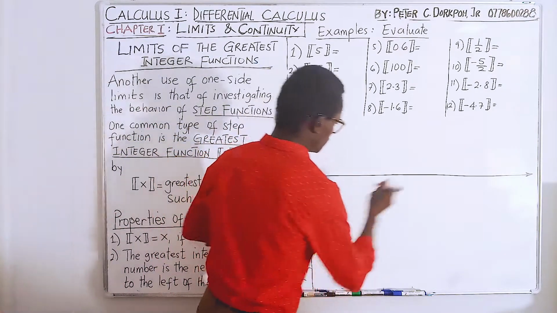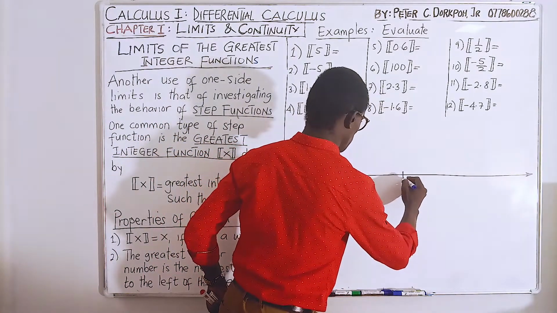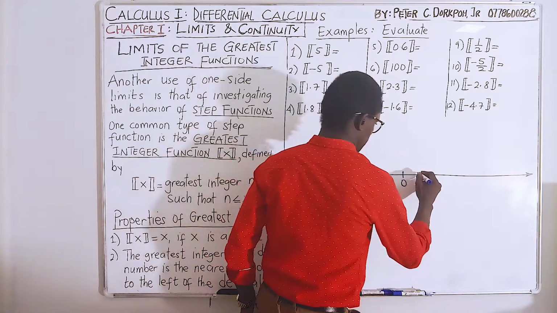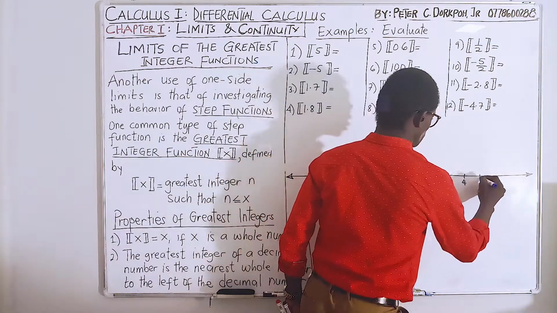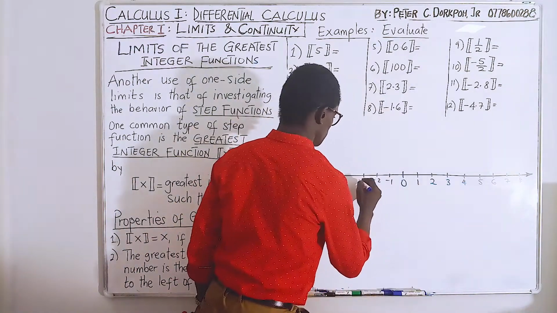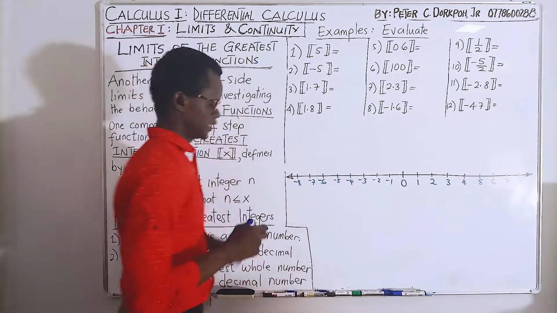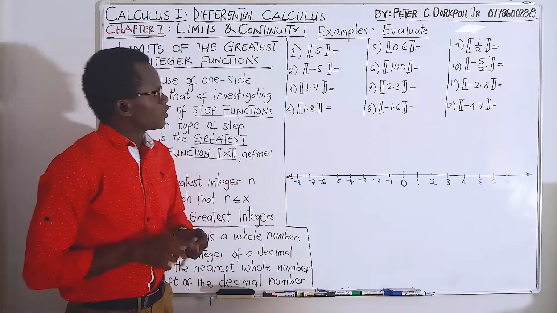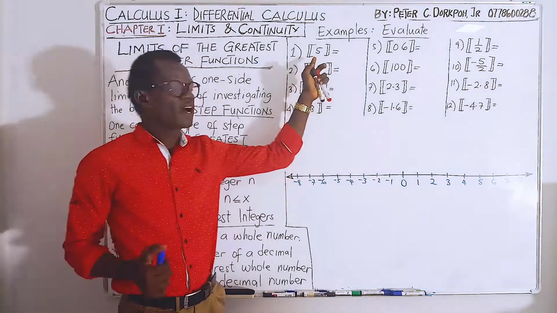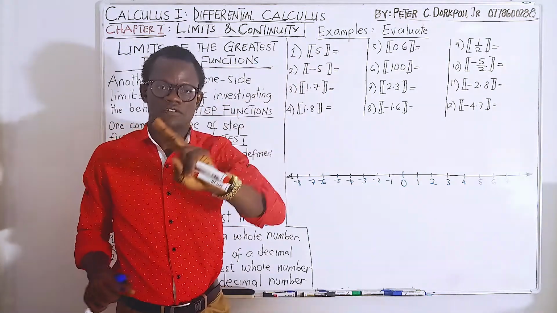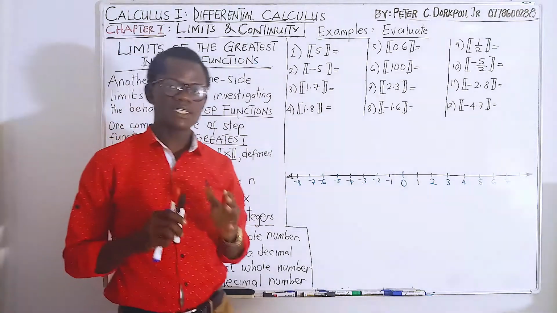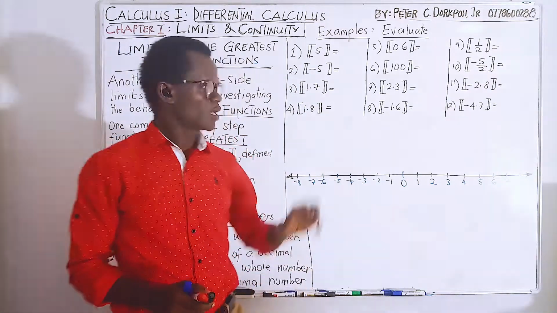So let's say this is the center point, this is 0, and let's say this is 1, and so forth. Now, the first example says that we must find the greatest integer of 5. What is the greatest integer of 5?